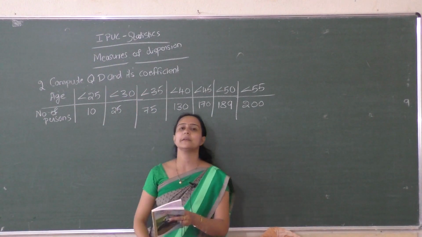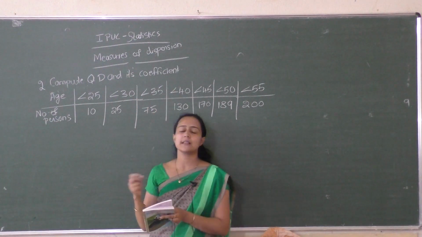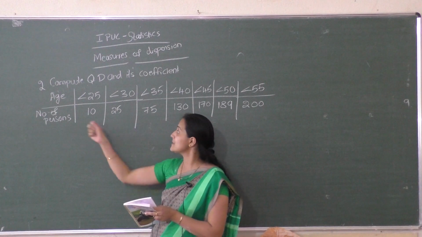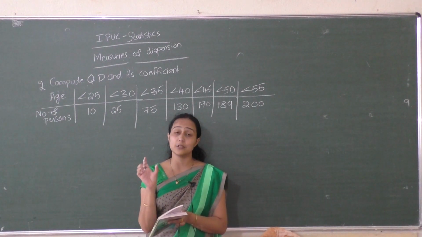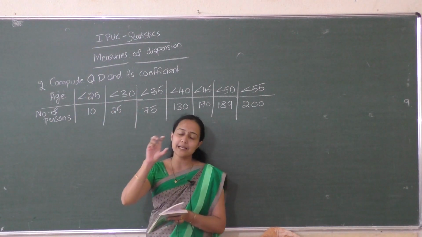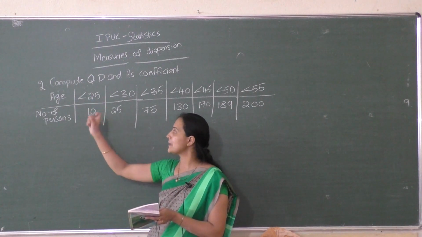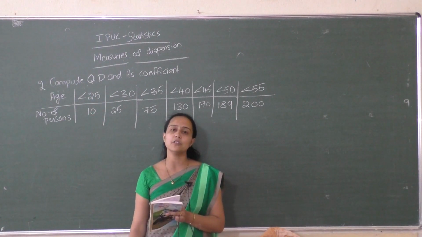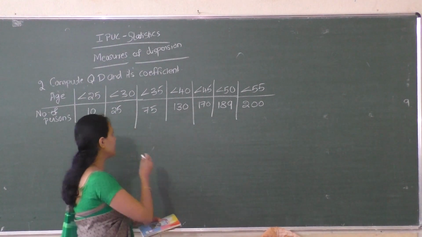Less than 35 means 35 is the upper limit. Less than 40 means 40 is the upper limit. These are not frequencies, they are less than cumulative frequencies. These are the upper limits. If upper limits are given, blindly you can tell that these are less than cumulative frequencies itself.